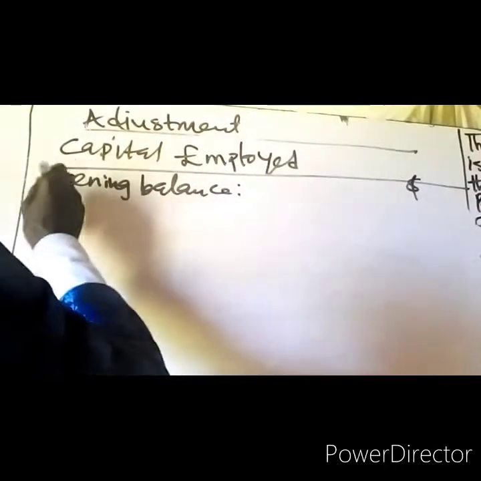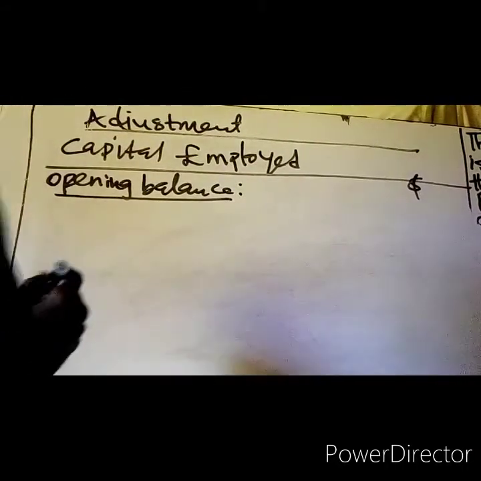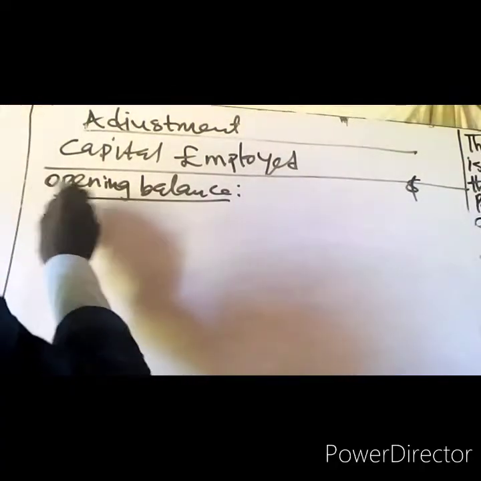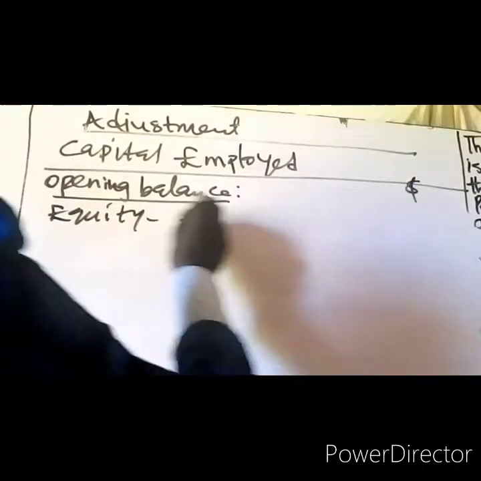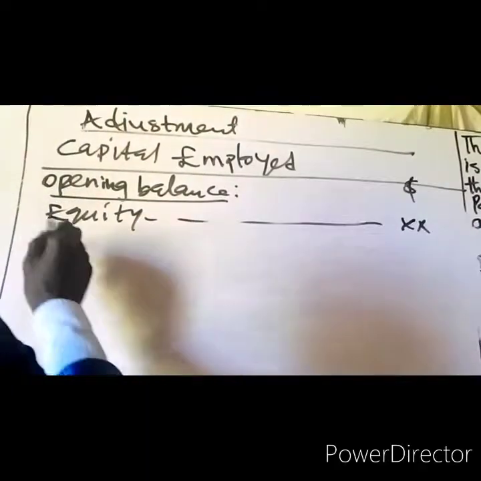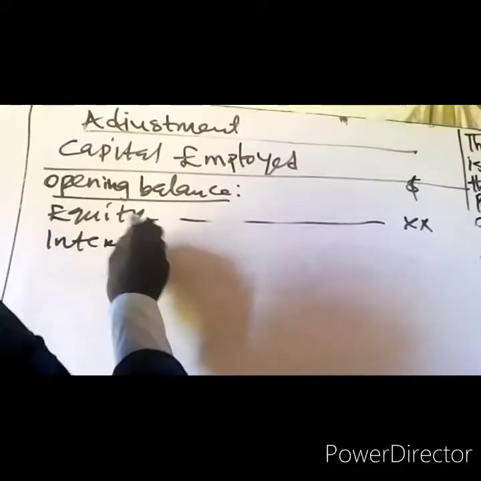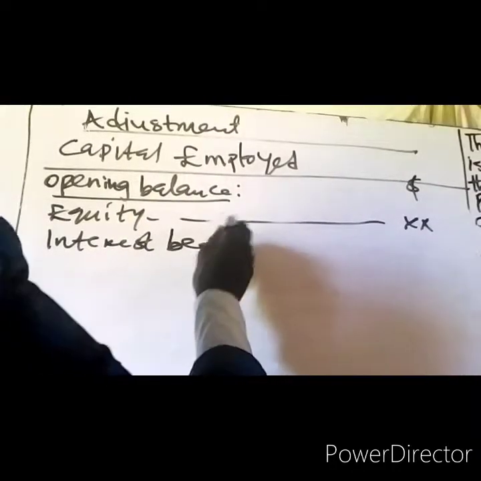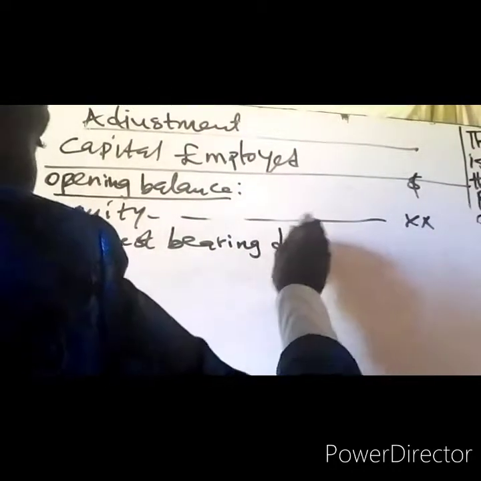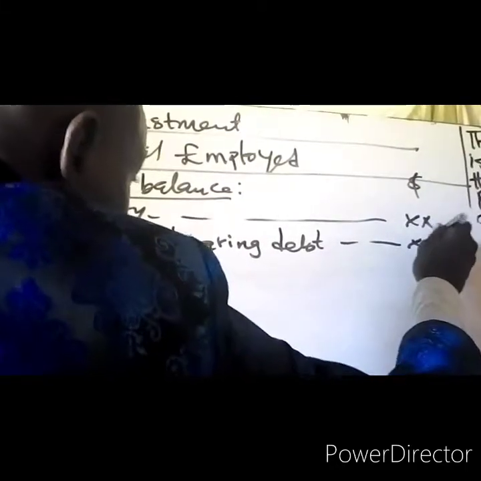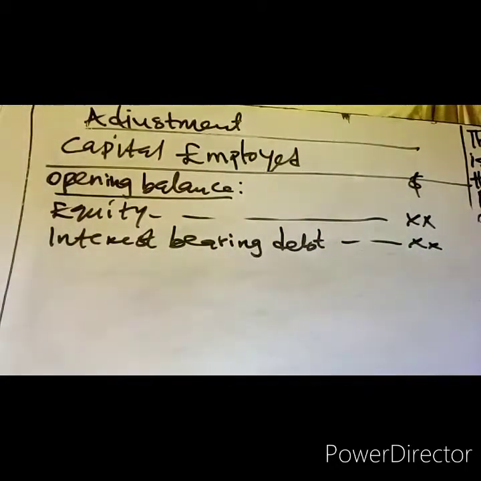Your capital employed comprises equity, the opening balance of equity, plus interest bearing debt. That is your capital employed. You use the opening balance for both.